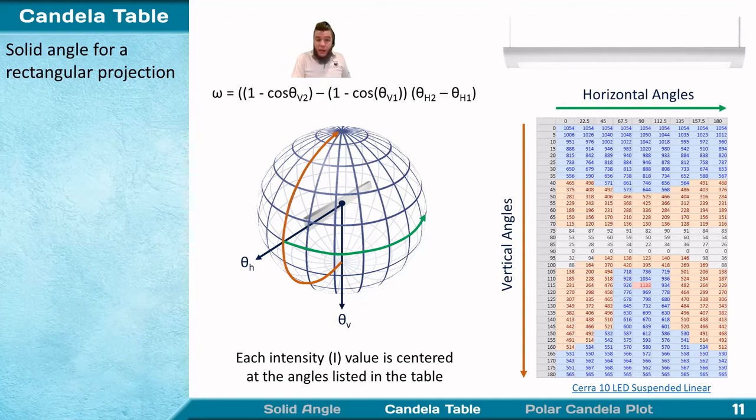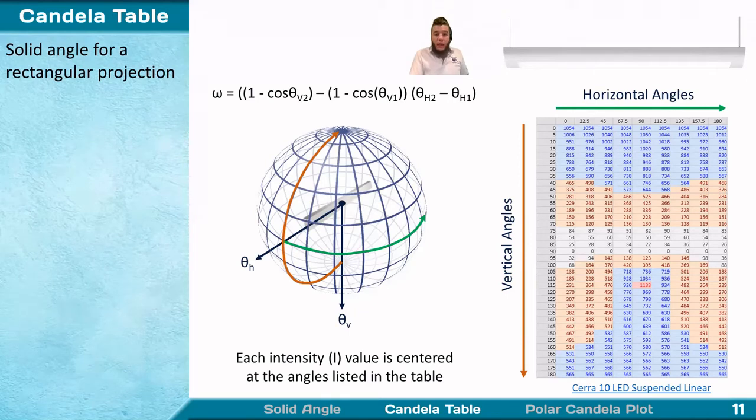If we're talking again about the vertical angle at 90, V2 is going to be halfway between 90 and 95. So in that case, V2 is 92.5, and V1 is going to be halfway between 90 and 85. So V1 will be 87.5 in this case.